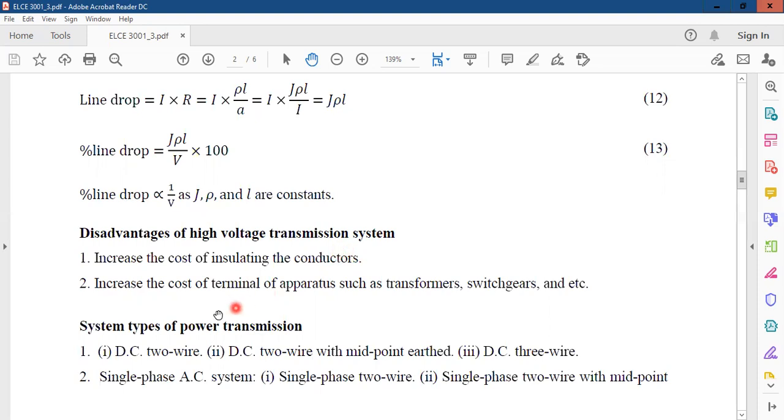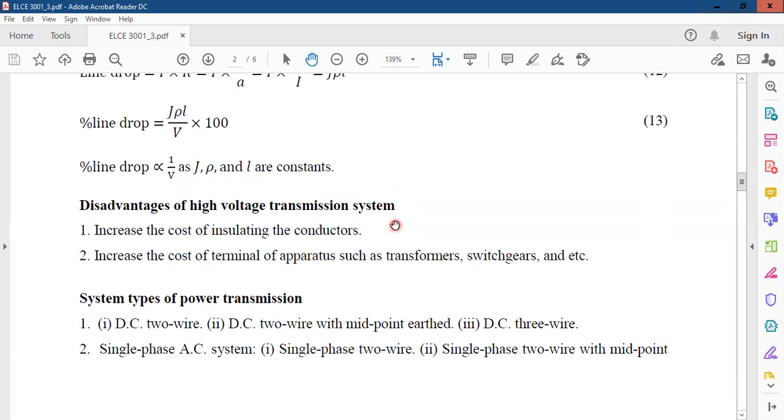Also, it increases the cost of terminal apparatus such as transformers, switch gears, and etc. Now we have to know what are the advantages of transmitting in high voltage, and how to prove each one of them mathematically. And also we have to know the disadvantages of high voltage transmission systems.